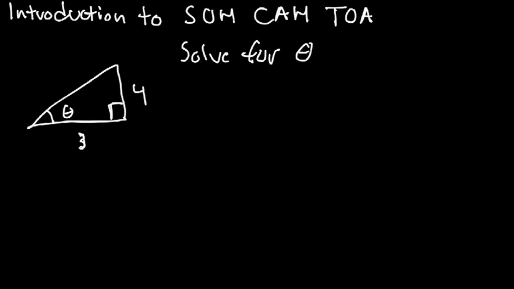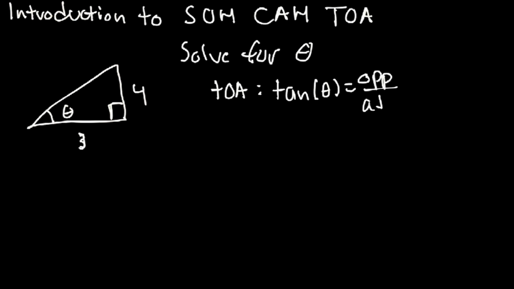All right, for our final example, we have a right triangle with an opposite side of 4 and an adjacent side of 3. The hypotenuse is not known, so we have to solve for theta using TOA, or tangent. For TOA, tangent theta is equal to opposite over adjacent.